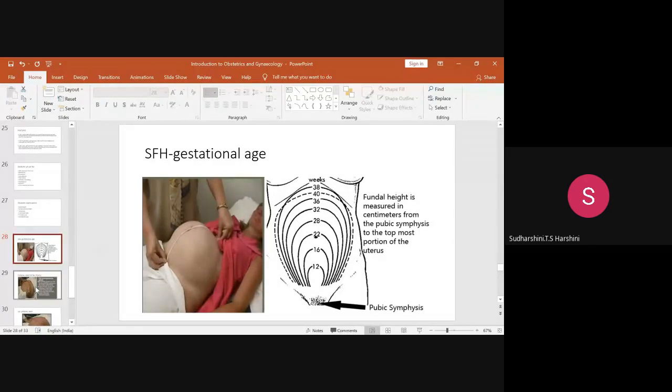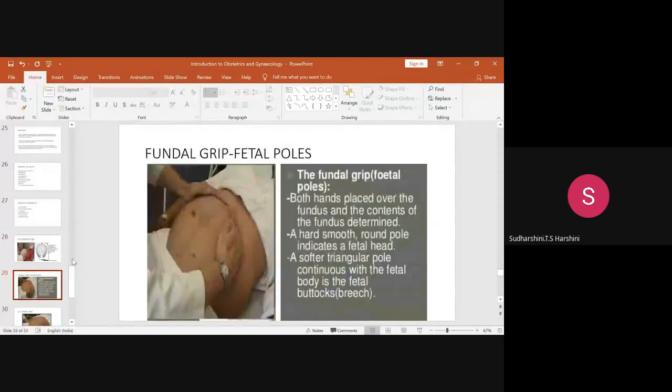Then this is the fundal grip. By doing this fundal grip, what are you going to find? The fetal pole. The upper pole of the uterus contains what part, and the lower portion of the uterus contains what part of the fetus? The fundal grip tells about the fetal poles.